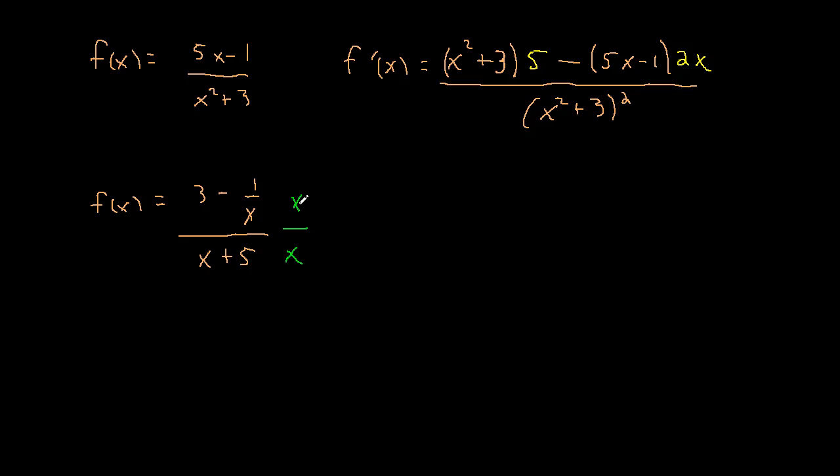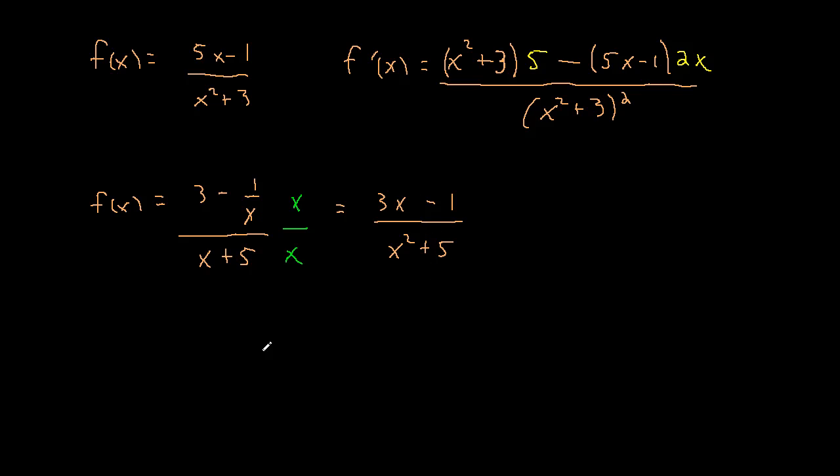If I multiply this function by x over x, I get a much nicer function to work with. 3 times x is 3x, and x times 1 over x is just 1. That looks like a much better numerator. And then down below I get x squared plus 5. Now this function looks a whole lot like the function up here. In fact, they even have the same numbers in them, just mixed around a little bit.